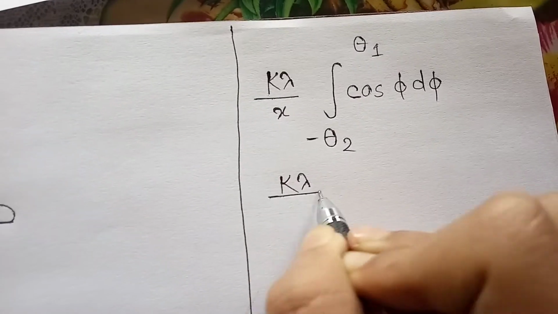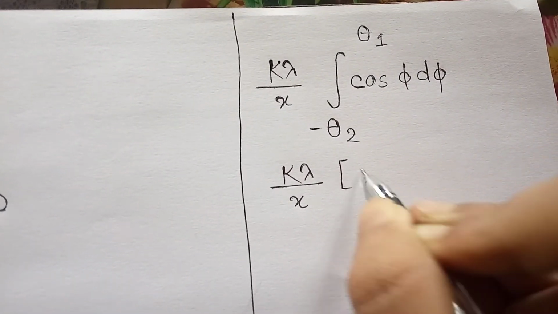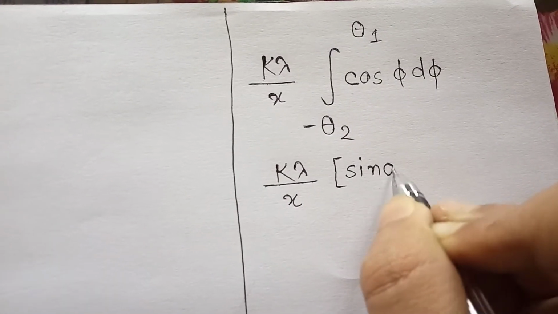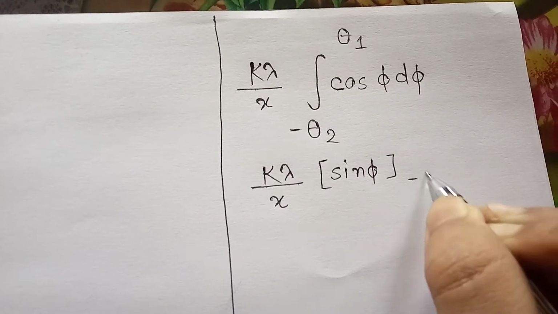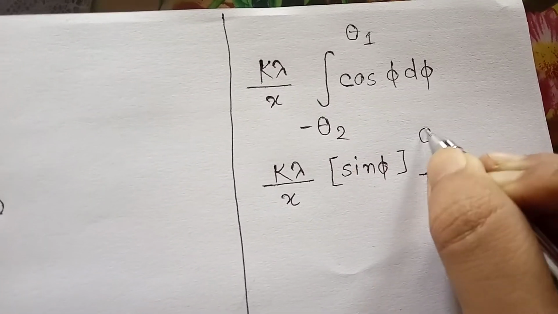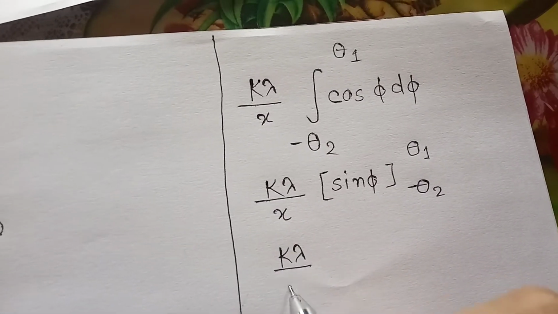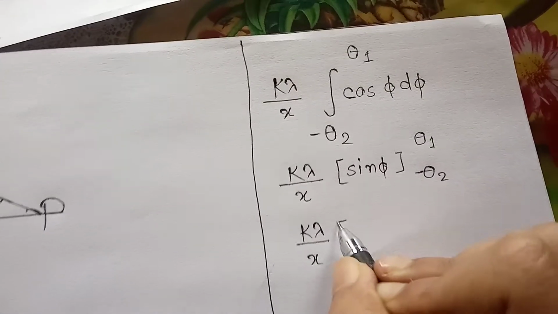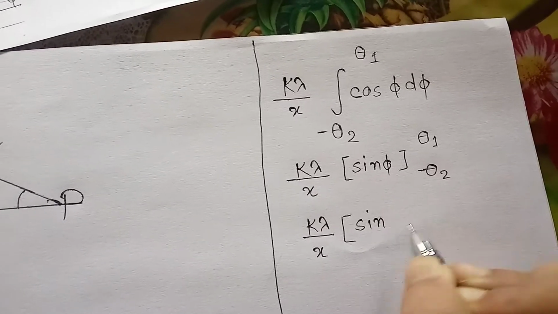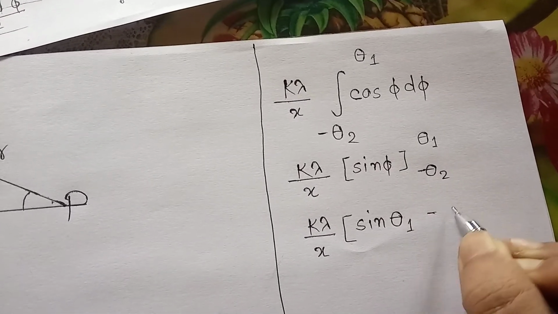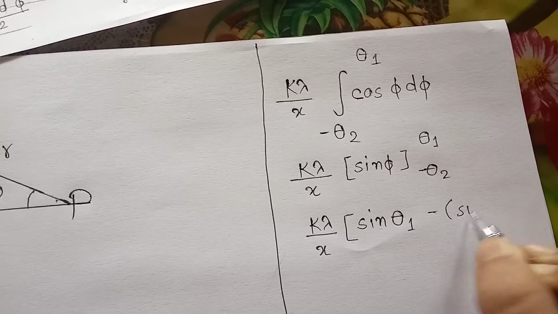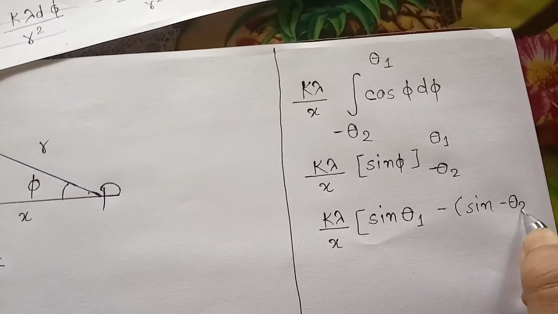So we can write it like k lambda by x sin phi from minus theta 2 to theta 1. This will be k lambda by x sin theta 1 minus sin minus theta 2.